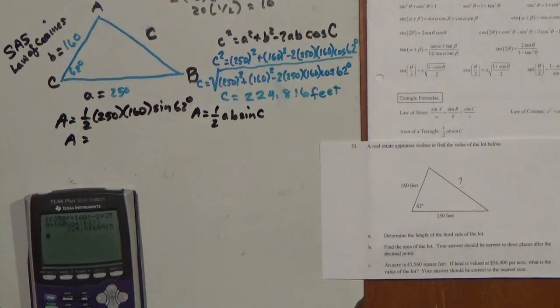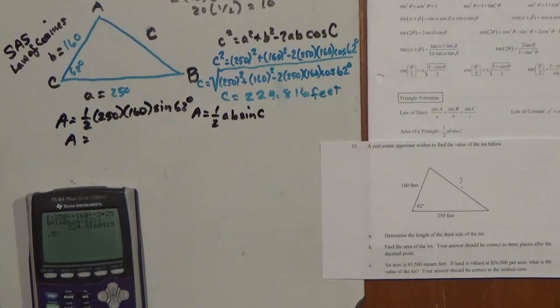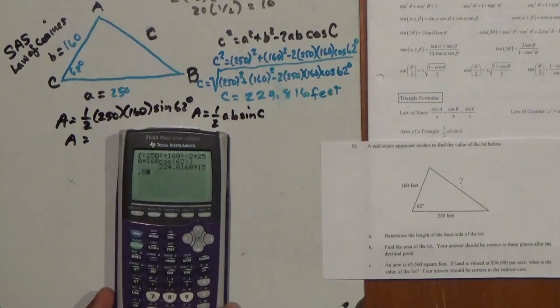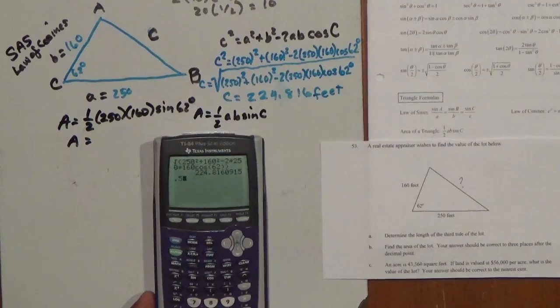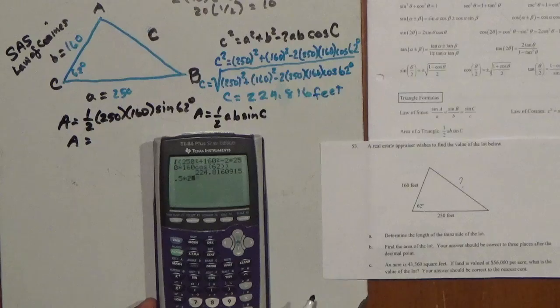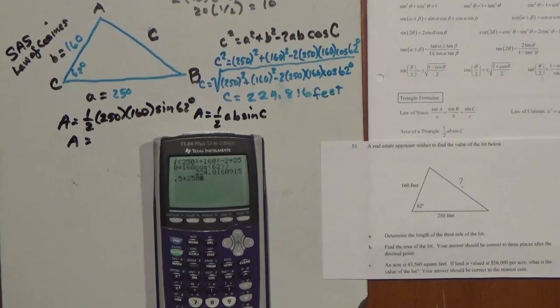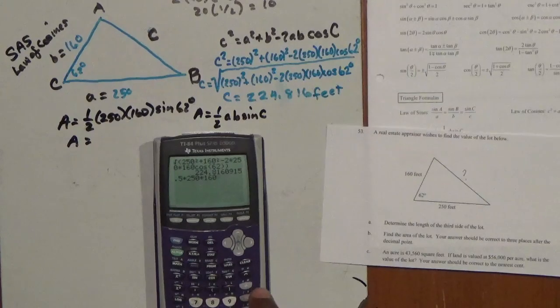I'm going to say 0.5 instead of 1/2. Same thing, right? 0.5 times 250 times 160 sine 62. Close.